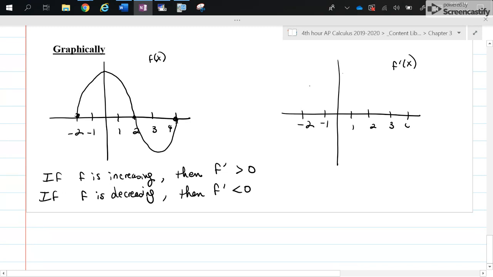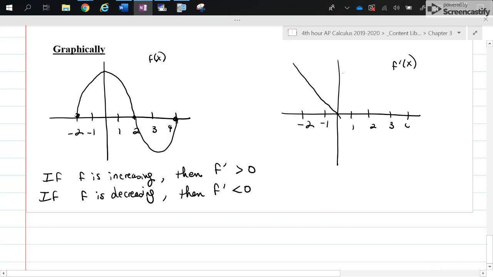So from negative 2 to 0, my function needs to be above the x-axis. And then I also see from 0 to 3, the function is decreasing. So where the function is decreasing, then the derivative is negative. So when we're looking at the graph of the derivative, negative needs to be below the x-axis.